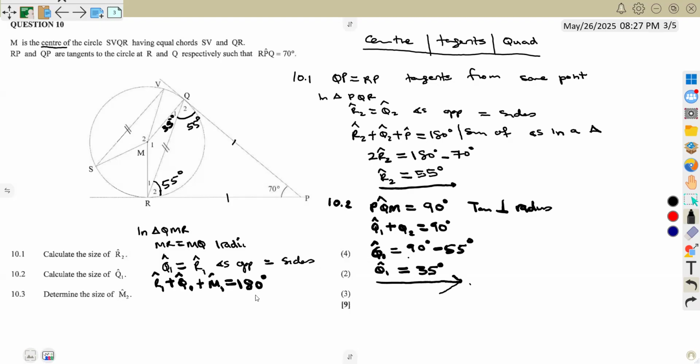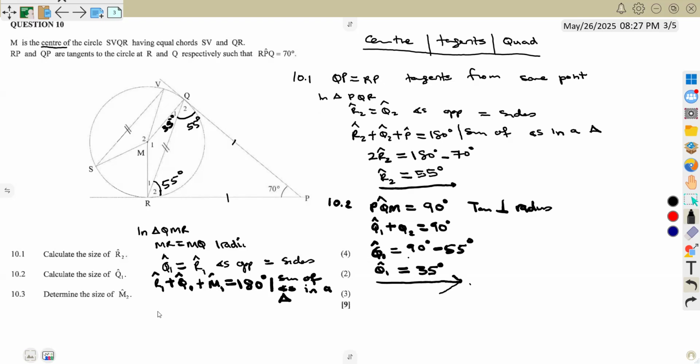The reason: sum of angles in a triangle.